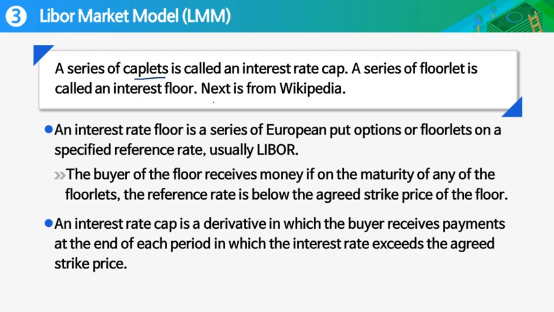And an interest rate cap is a derivative in which the buyer receives payments at the end of each period in which the interest rate exceeds the agreed strike price.